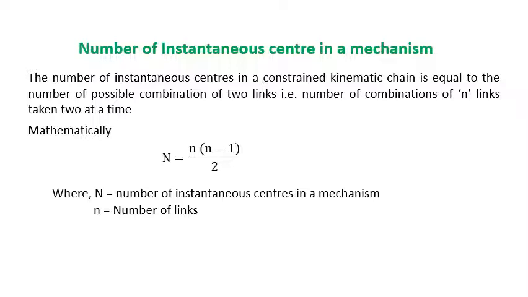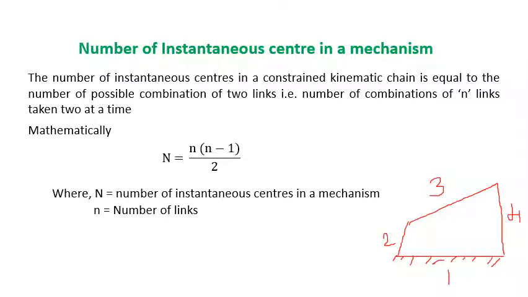Suppose we have a 4-bar mechanism like this. This is the fixed link or frame, always link number 1, crank is link number 2, connecting rod link number 3, rocker link number 4.